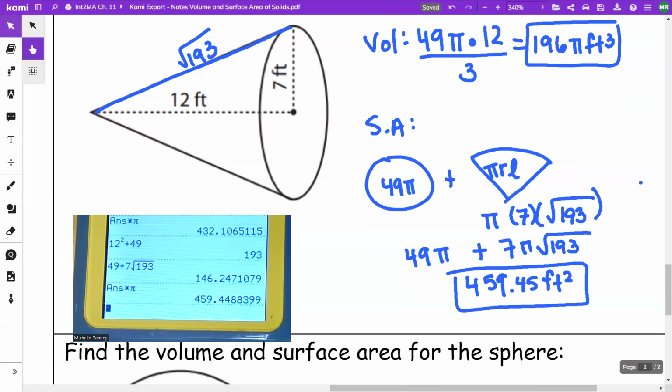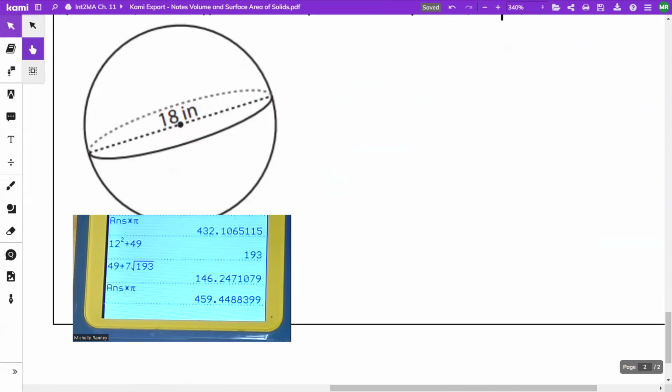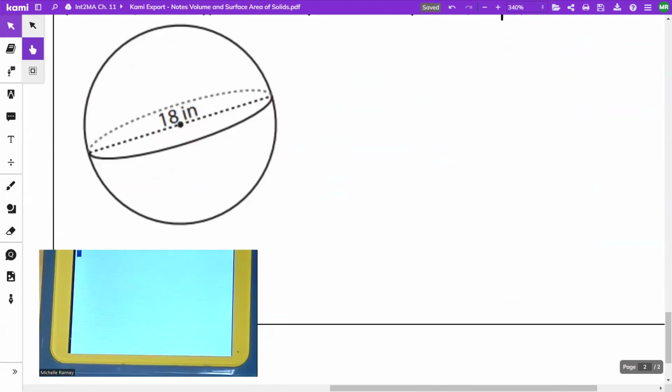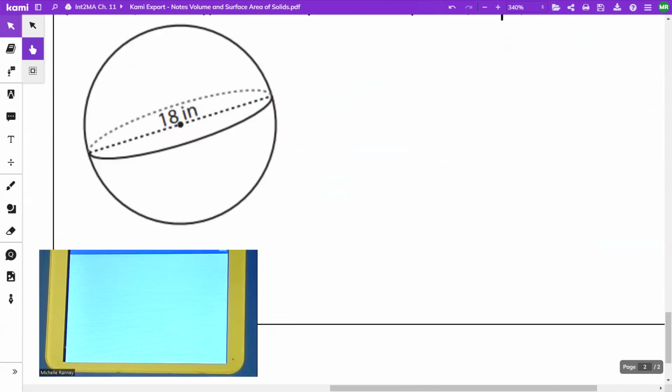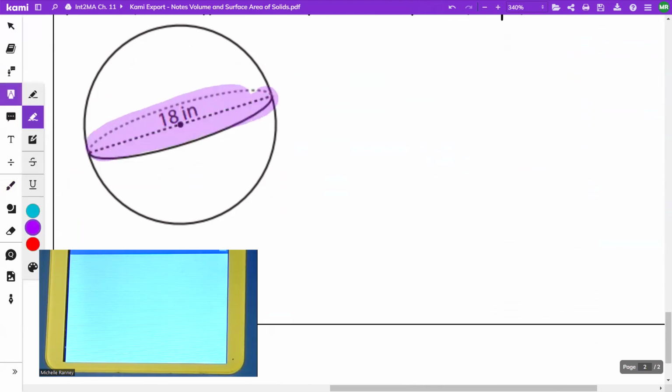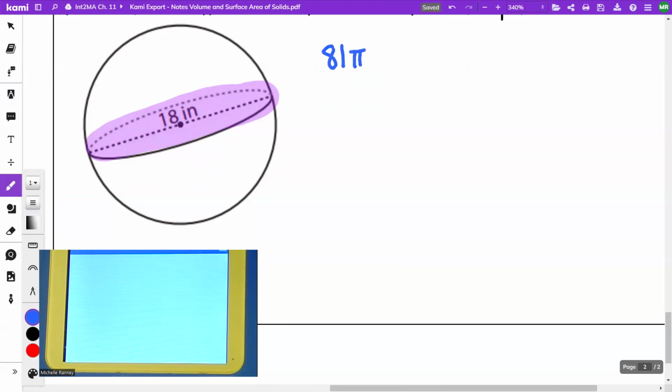And the last one for the sphere. So for a sphere, I need to find the area of the center circle. The area of that, 81 pi, is going to be the area of that. And for volume, I'm going to times it by my height. My height is 18.